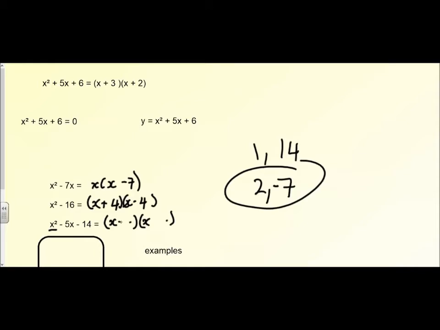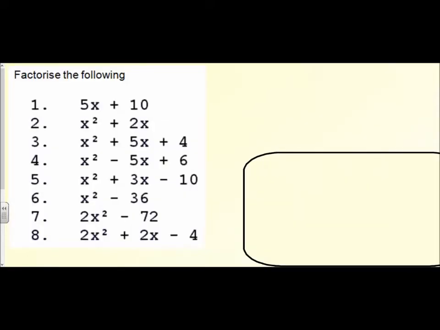So x subtract 7, x plus 2. When you multiply outside the brackets, will give you x squared minus 5x minus 14. If you were to write x plus 2, x minus 7, then you'd get exactly the same answer, so that is correct as well.